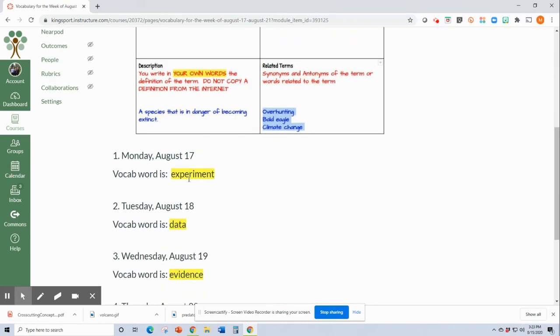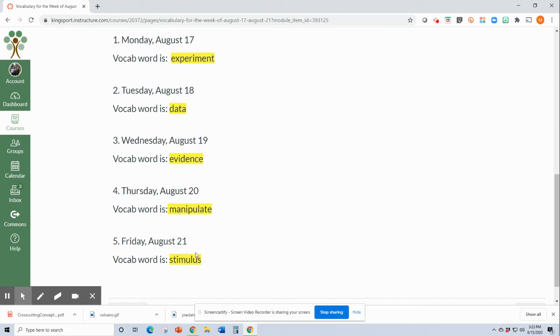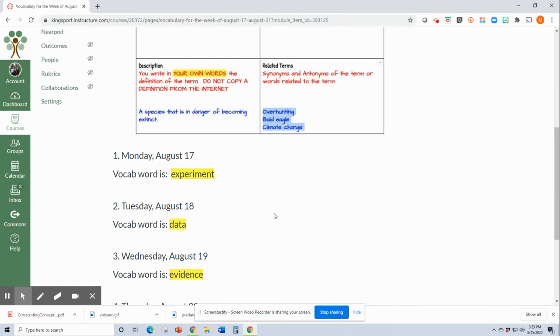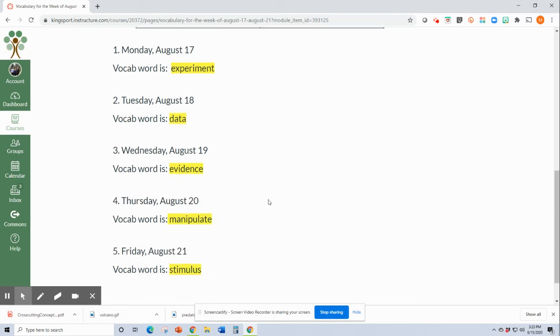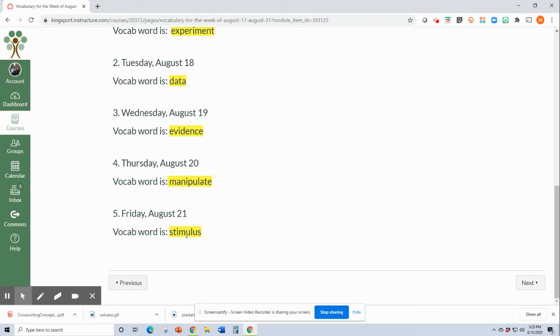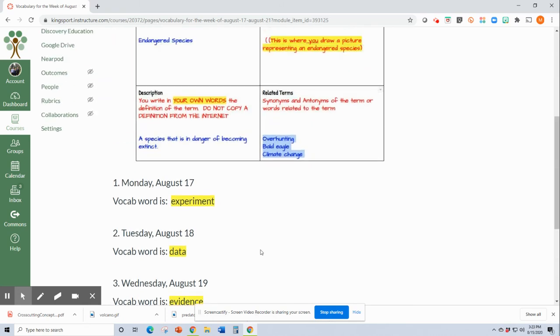So we've given you, again, one word for each day. If you know what the word is and you're comfortable with it, then just write it in your own words right here, okay? If you're not sure, so let's say the word stimulus, you're not completely sure what a stimulus is.